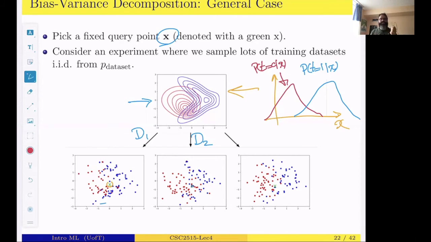Now I give you a data set, and then for a new query point I ask you: if the temperature outside is 7 degrees, is it spring or winter?